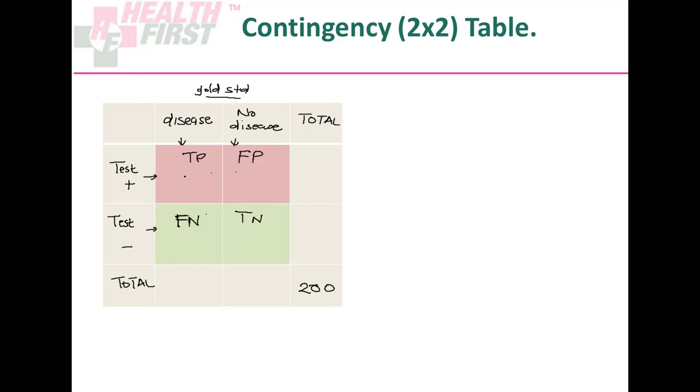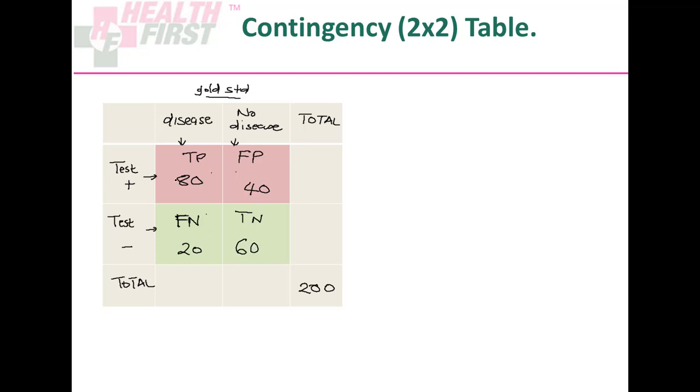We will get these 200 patients distributed among these 4 categories, right? So just hypothetically, let's say we have 80, 20, 40, and 60. These are easy numbers to work with.